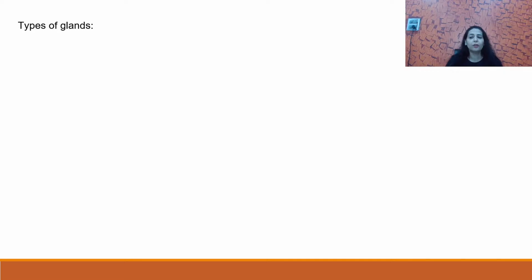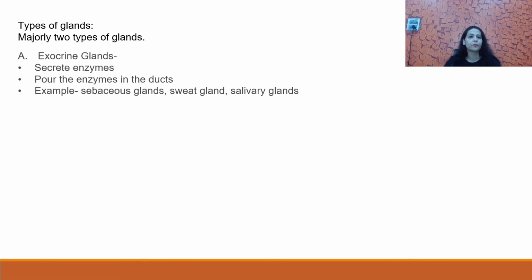All right. Now, the types of glands. This is something that you have already learned in your junior classes in 9th and 10th about exocrine and endocrine. Though we are going to focus more on endocrine glands, we will quickly revise the difference between the two. There are majorly two types of glands. You already know that.